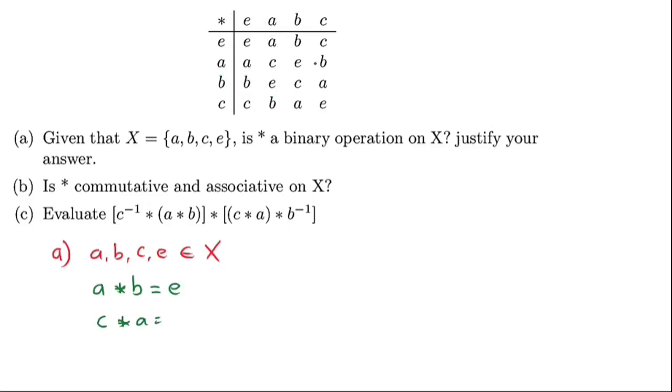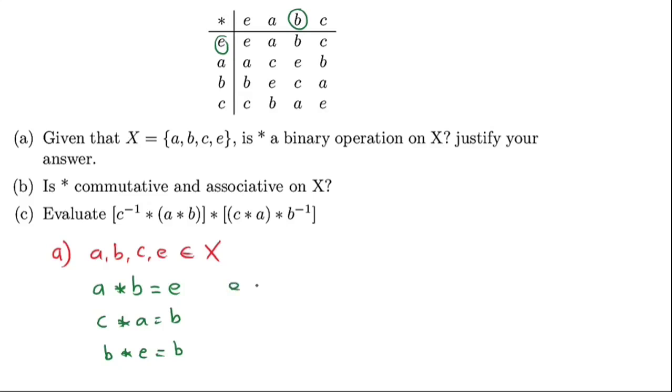Now, what does the operation c star a give us? In the columns find c, here's our c. In the rows find a, here's our a. What does it give us? b. Let's choose another pair. So now you get it. Next we can say b star e. So e, the columns, e, the rows gives us b.